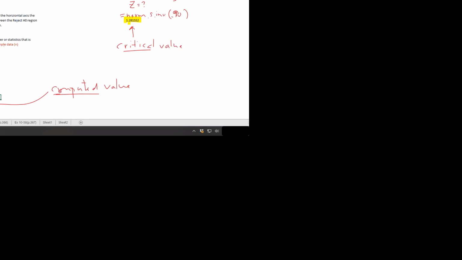Remember, here's your critical value. Where is 1.818? Going this way, is it below? It's inside of alpha because it's greater than the 1.28. So this is 1.818.